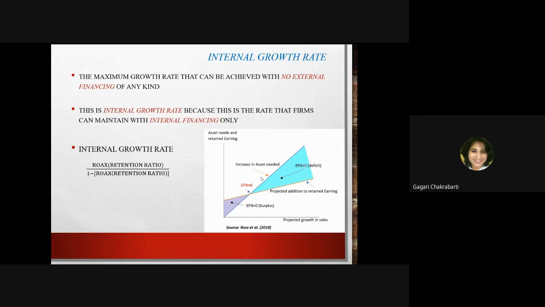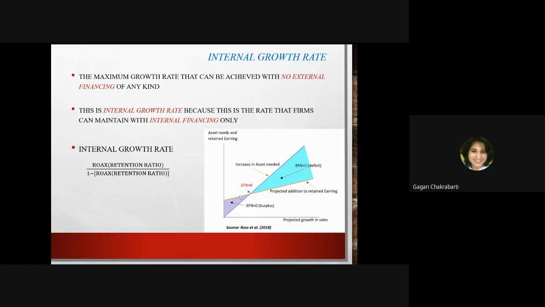It has enough money, or rather it is trying to have enough money so that it can always finance its new projects with its own money. So in that case, it will have to grow at a certain rate, because it will have to generate enough retained earnings so as to be able to finance all its projected sales through internal financing.